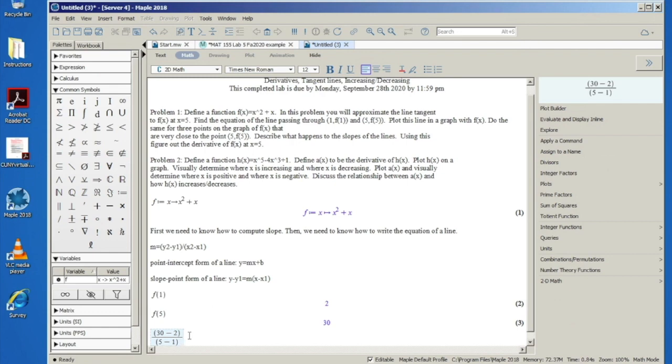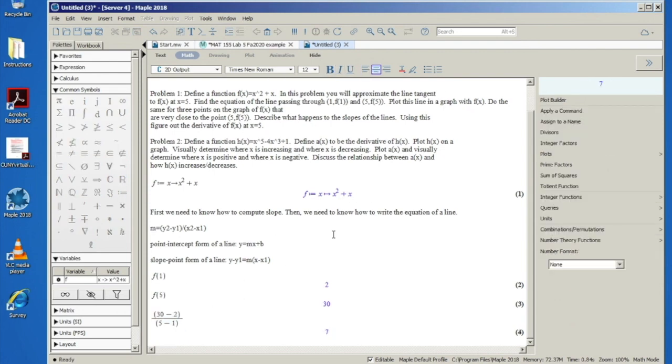When I do this, I get 7. So I have that the slope is 7. Now, since neither 2 or 3 are the y-intercepts because their x-coordinate is not 0, instead of using the slope-intercept form, I'm going to use the point-slope form of the line.